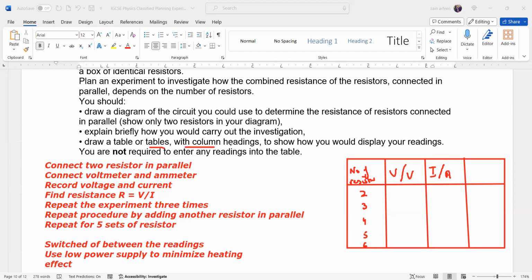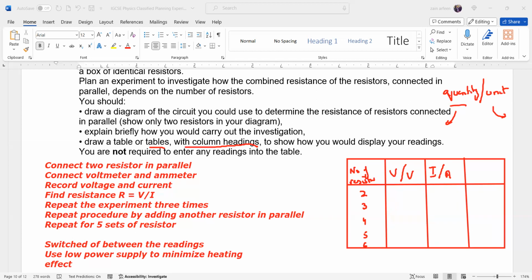That is what they mean here. Table with a column heading means the quantity and the unit. So we have voltage and current as quantities, and the unit of voltage is volt and the unit of current is ampere.